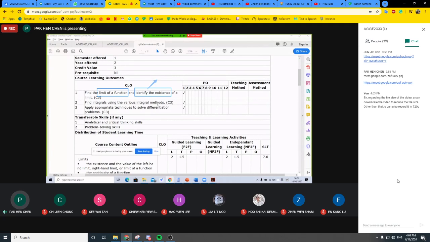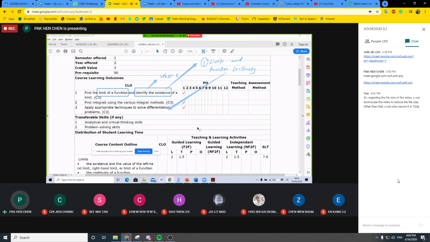I will use one week to do the first learning outcome, because the other two will need more time. The first topic is limit and function continuity, which will be the fundamental understanding.